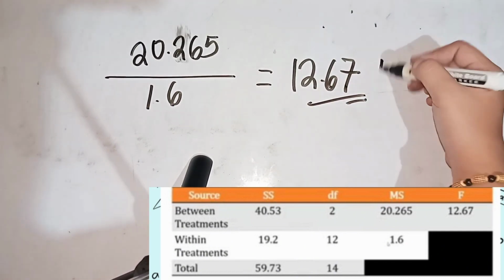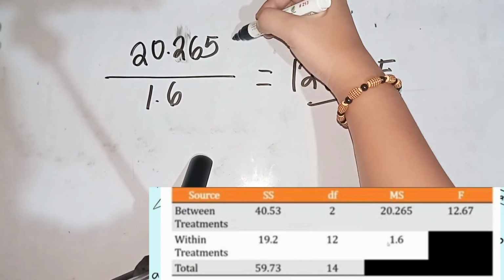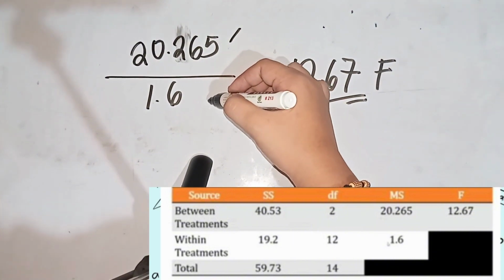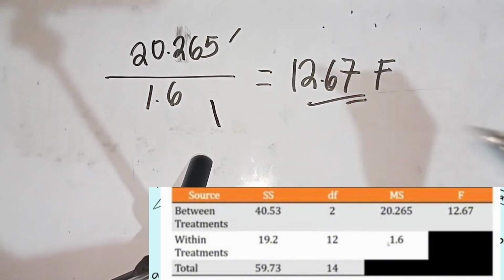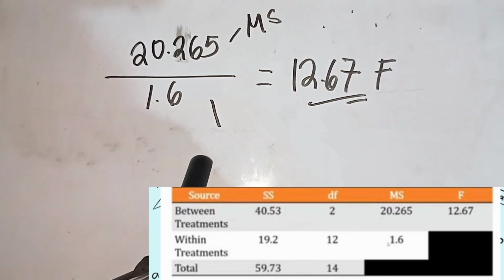Mao ni atong F, atong between divided sa atong within sa MS. So mao ni atong nakuha nga 12.65.